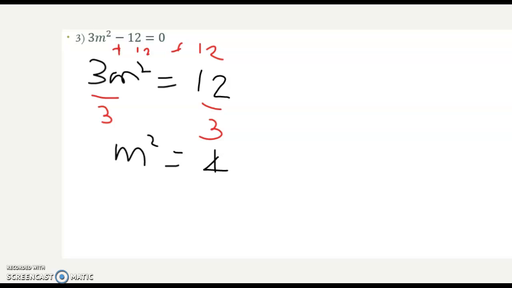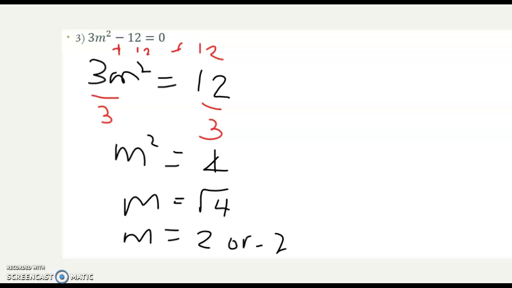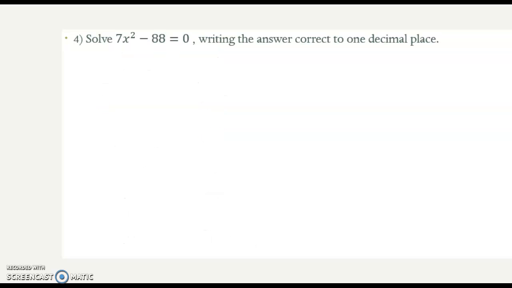And our last step, again, taking the square root of both sides gives us m is the square root of 4, which is +2 or -2, and there's my two answers. Okay, let's do one more of those.